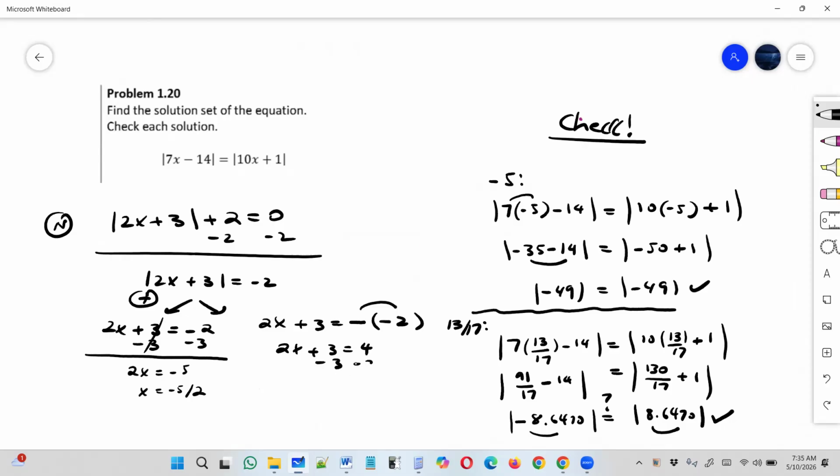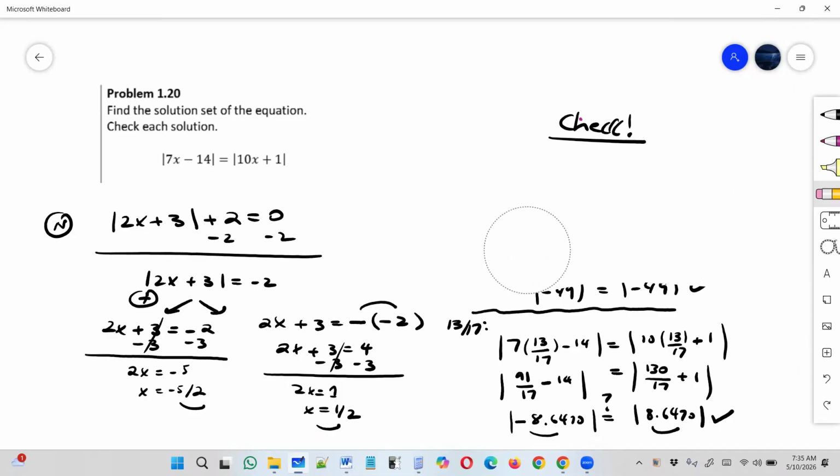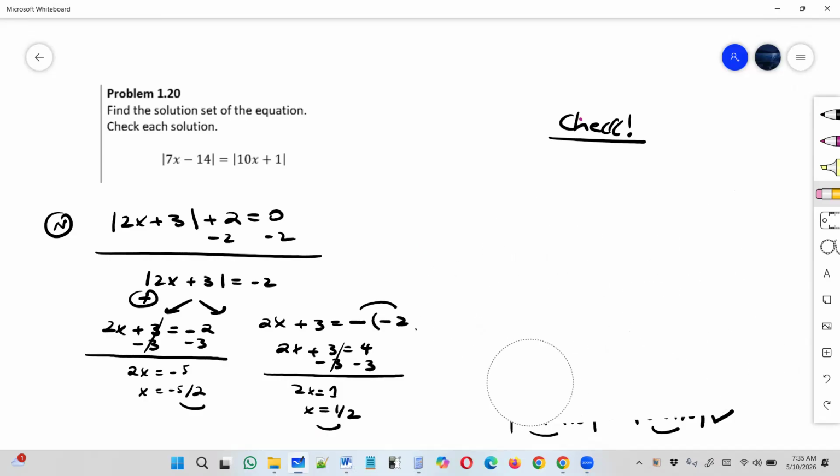Minus 3 on both sides again, and we divide by 2, we got 1/2. So we got two answers. We have to check them against the original. So I am going to do the 1/2 first.